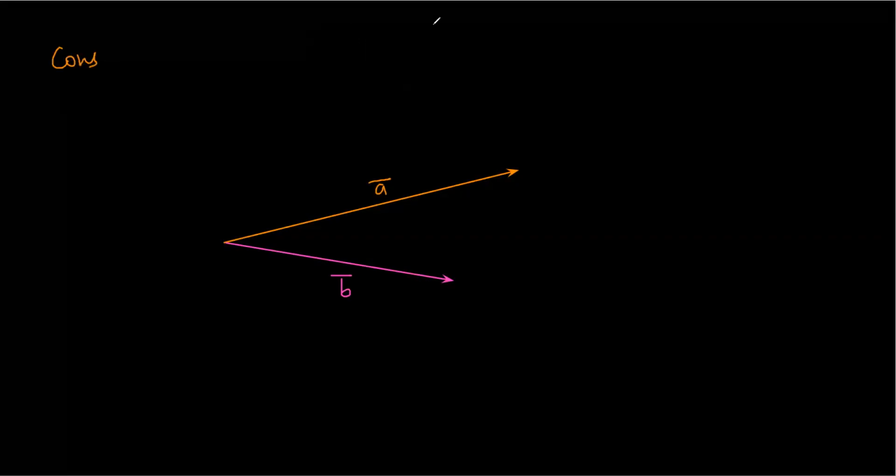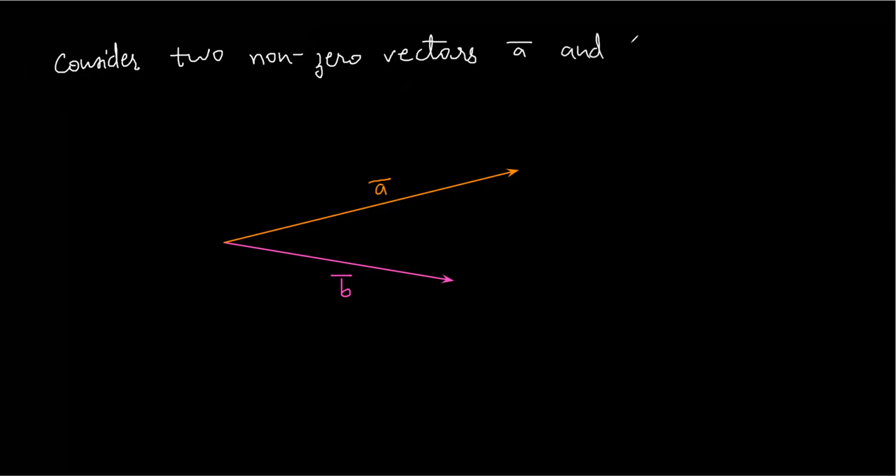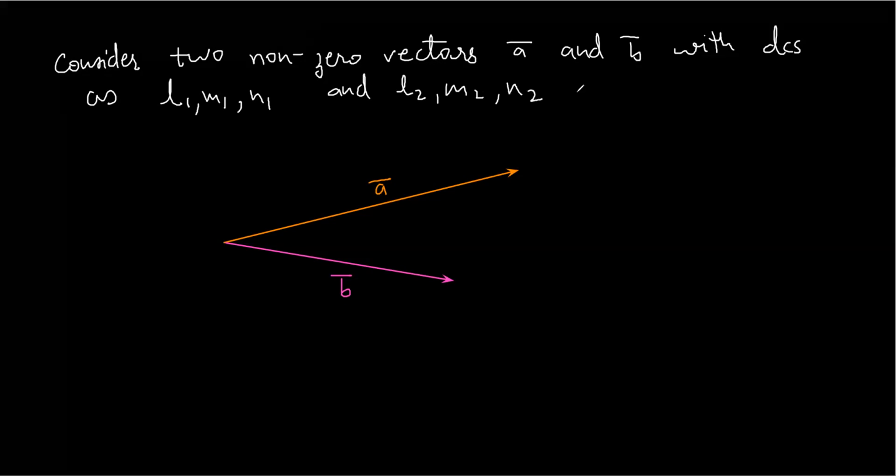So I write here, consider two non-zero vectors A bar and B bar with DCs as l1, m1, n1 and l2, m2, n2 respectively.